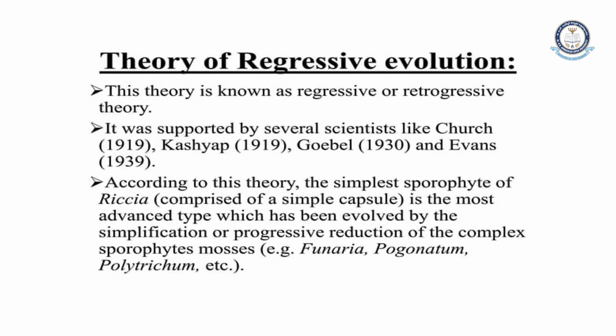Here two theories are very important in this sporophytic generation. The theory of regressive evolution. This theory is known as the regressive or retrogressive theory. It was supported by several scientists like Church in 1919, Kashyap in 1919, Doebel in 1930 and Evans in 1939.